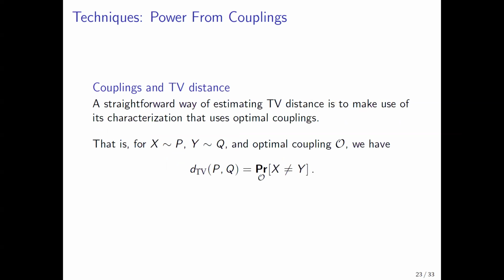There is a nice way of characterizing TV distance by couplings. In particular, for two distributions P and Q, and random variables x and y such that x follows P and y follows Q, the TV distance between P and Q is equal to the probability that x is different than y when this probability is considered under the optimal coupling.